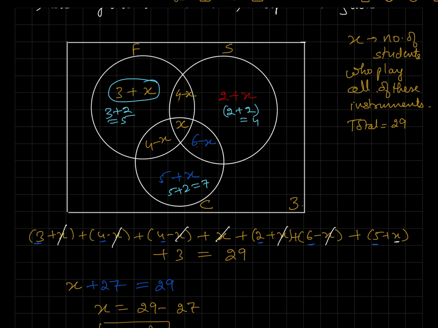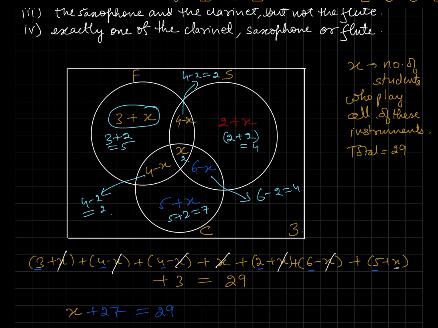Saxophone and clarinet would be 6 minus 2, which is 4. Flute and clarinet would be 4 minus 2, which is 2. All is 2. Flute and saxophone would also be 4 minus 2, which is 2. This is how we can calculate all the numbers of students.